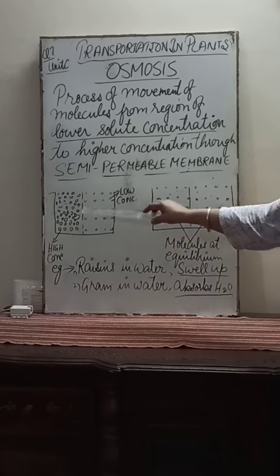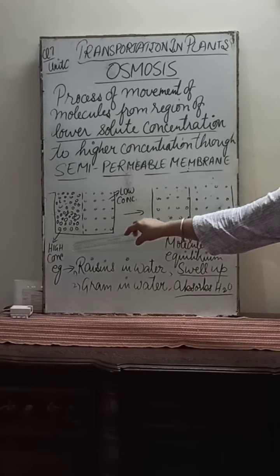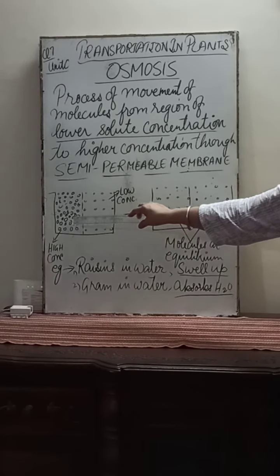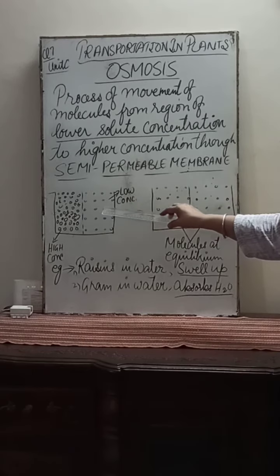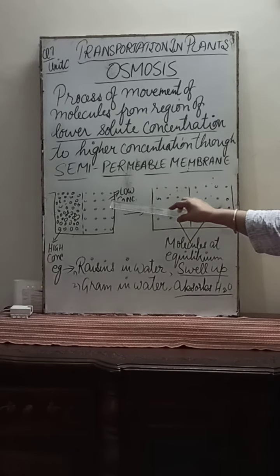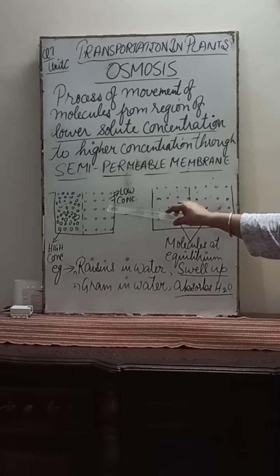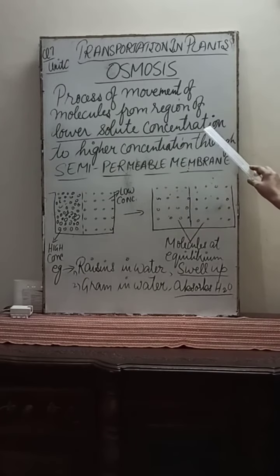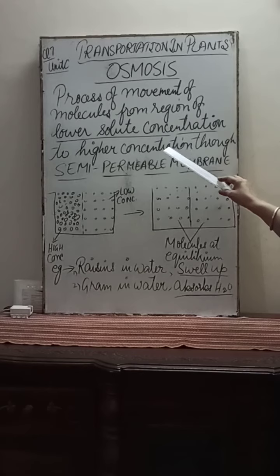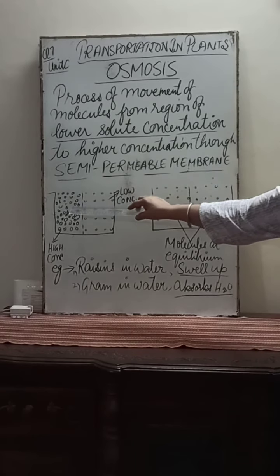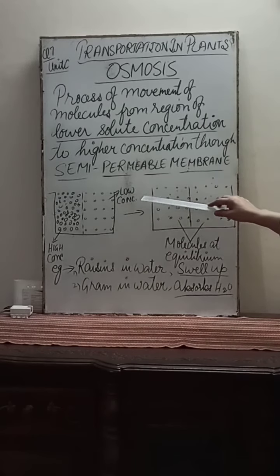So we can see that this is a higher concentration of molecules over here, and here it is a lower concentration. So the molecules will move from lower solute concentration to higher solute concentration to equalize. Now in the second diagram you can see that the outer and the inner concentrations, both of them, are equal.